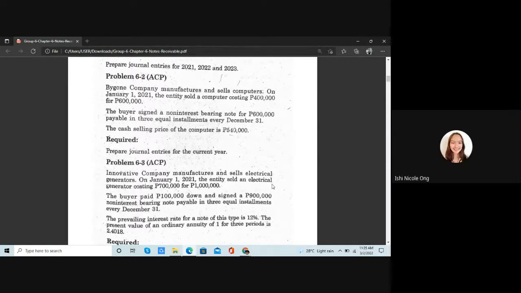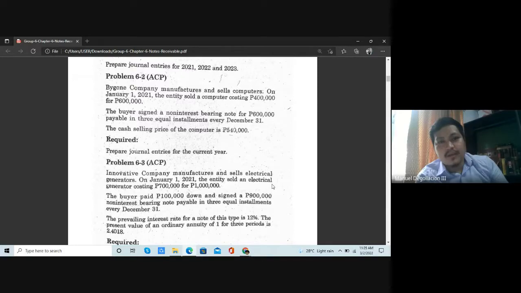Again, sir, I didn't quite get that. Diba, the question is, if you prepare your financial statements on January 1, 2021, at what amount will the notes receivable be reported? And you said it will be 540 because the 540 represents its present value. But in the first entry that you've given us, your entry included a debit to notes receivable in the amount of 600,000.